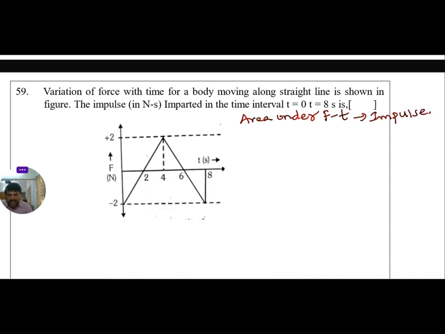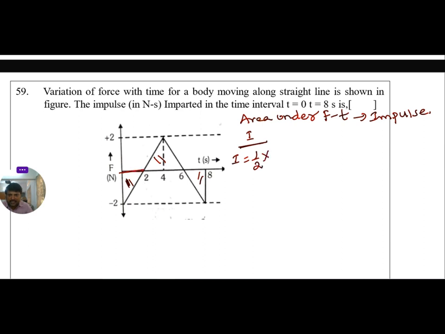So calculate area here, this area, and this area. So first I am calculating here. Observe this area, it is in the form of a triangle. Already we know very well area of triangle is half into base.